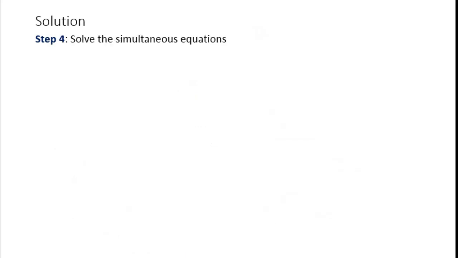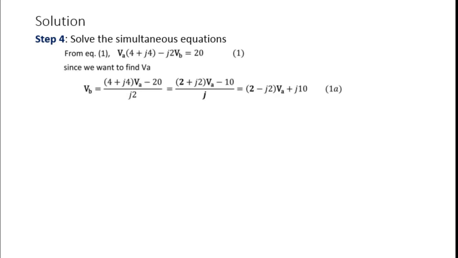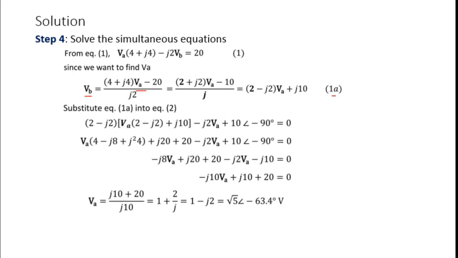So we already have two equations that we can solve. In this example, because we are only interested in finding the value of VA, from equation 1 we rearrange it so that we get the expression of VB in terms of VA, and we call this equation 1A. Next, we substitute equation 1A into equation 2.